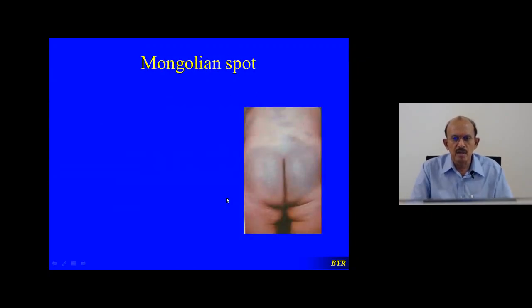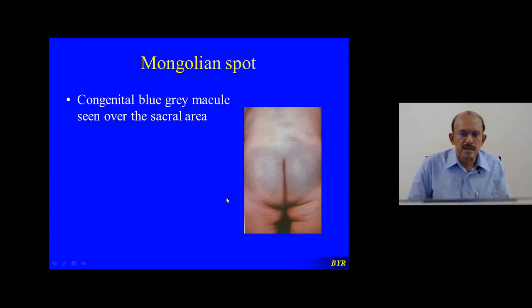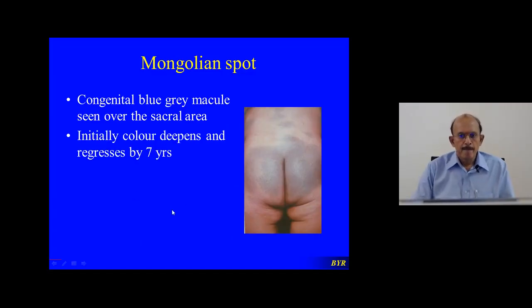Then Mongolian spot, a congenital blue-gray macule seen over the sacral area. In some children, before the first year of age, you will see this pigmentation over the buttocks and sacrum. Initially, the color deepens and it regresses by the seventh year of age.